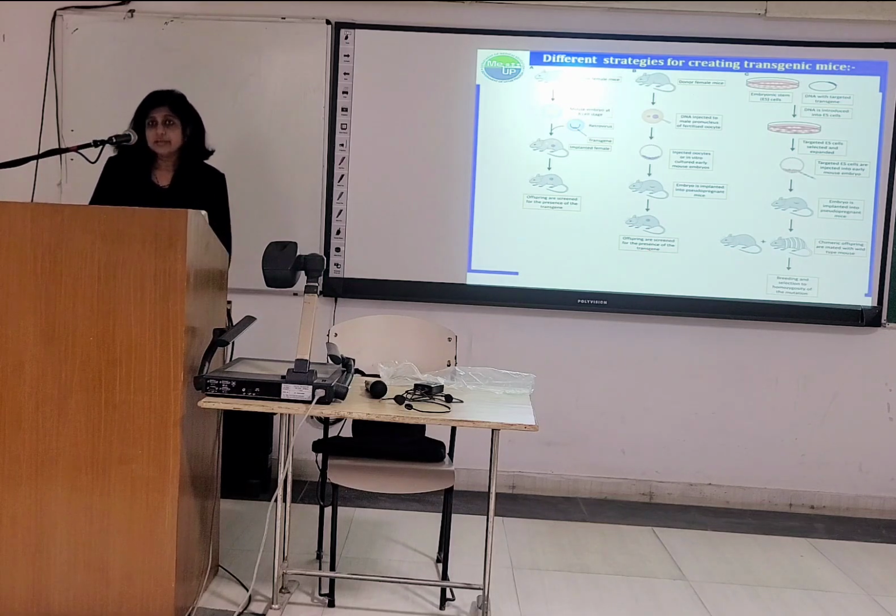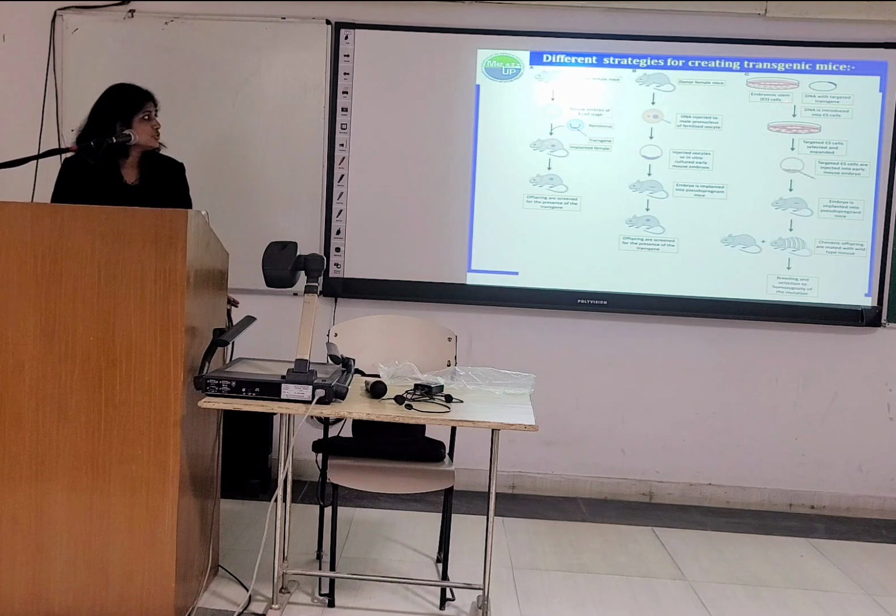In case of gene-targeted transgene approach, the embryonic stem cells are taken. DNA with targeted transgene is inserted into the embryonic stem cells. These targeted embryonic stem cells are selected and expanded, and then injected into early mouse embryo, and then the embryo is implanted into the pseudo-pregnant mice.